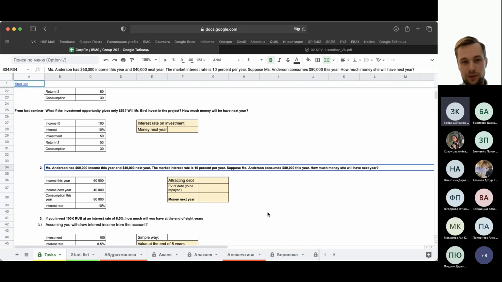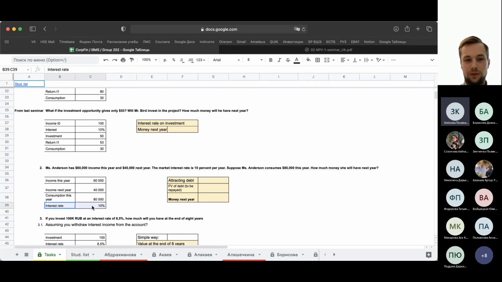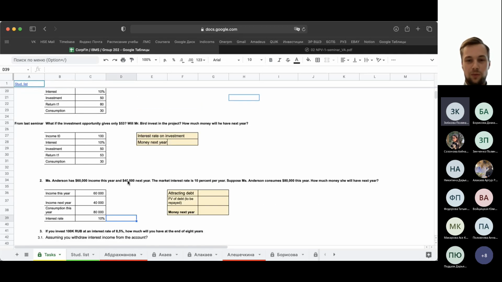Well, but let's assume that she doesn't have any savings. She will take a loan. Yeah, and actually she will take a loan, let's say from the market with the interest rate of 10%. Okay, so please calculate how much money she will have next year. I think a couple of minutes is enough, and when someone is ready, just show us how to solve it, okay?